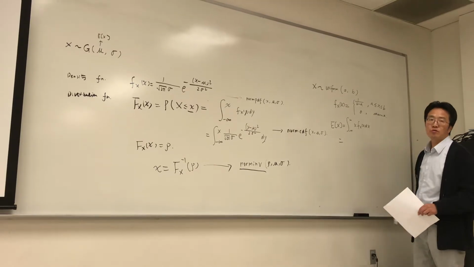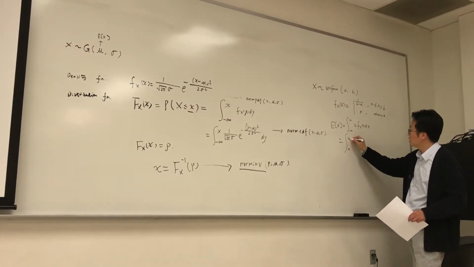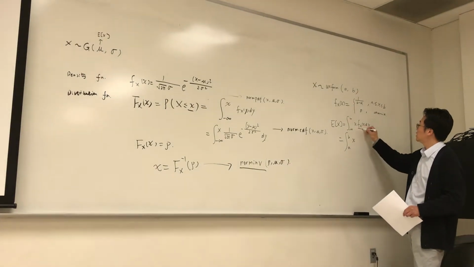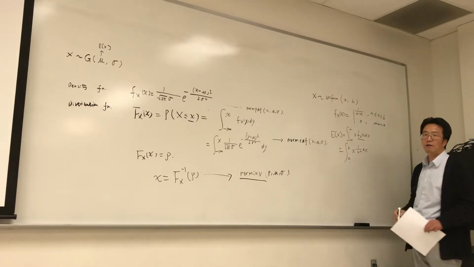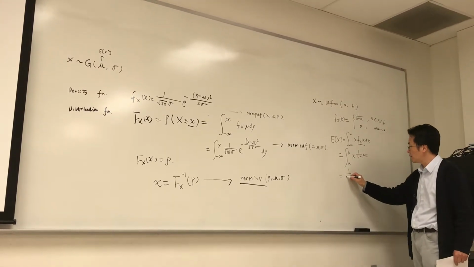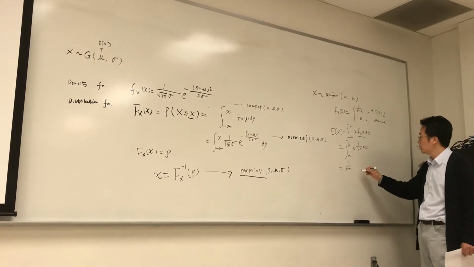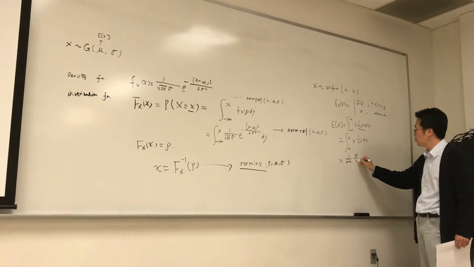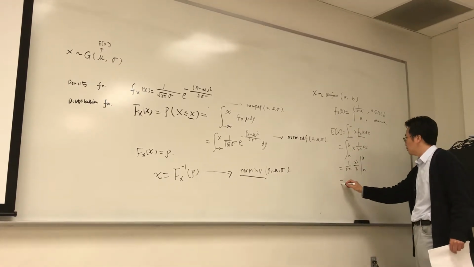And obviously, in this special case, the limits will become A to B, and x, this is constant, 1 over B minus A here, dx, right? And then constant taken out, 1 over B minus A, and meanwhile, the result of the integral should be what? x squared over 2, right? So A, B.